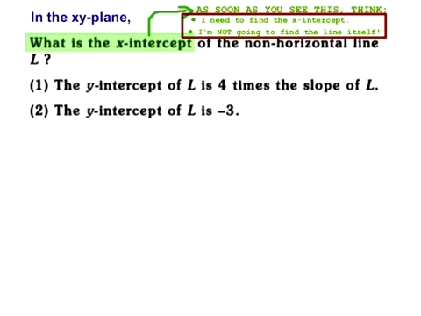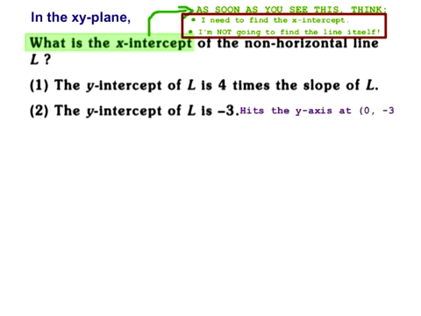Also, statement 2 is pretty clearly not sufficient because the y-intercept doesn't tell you where the x-intercept is. I mean, this means that it hits the y-axis at (0, -3).